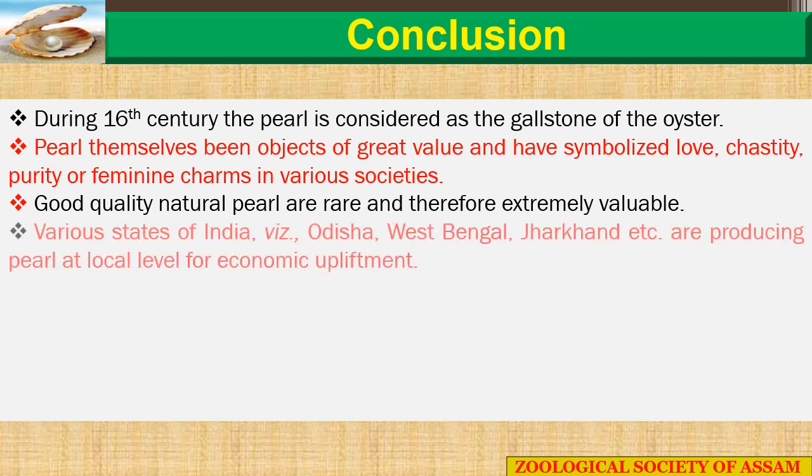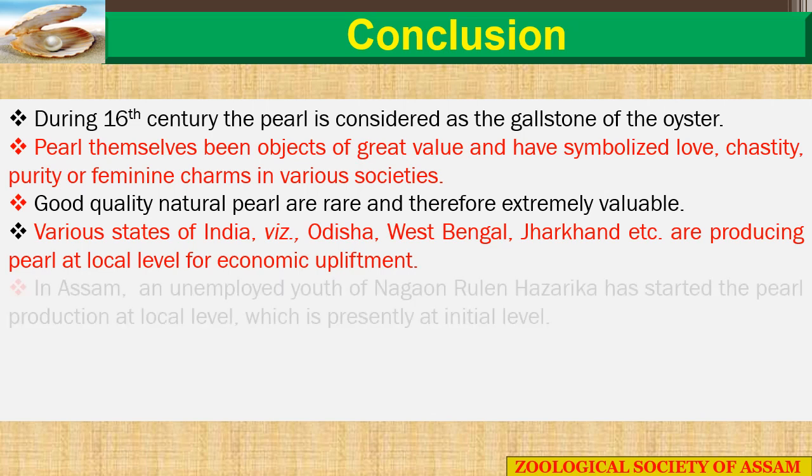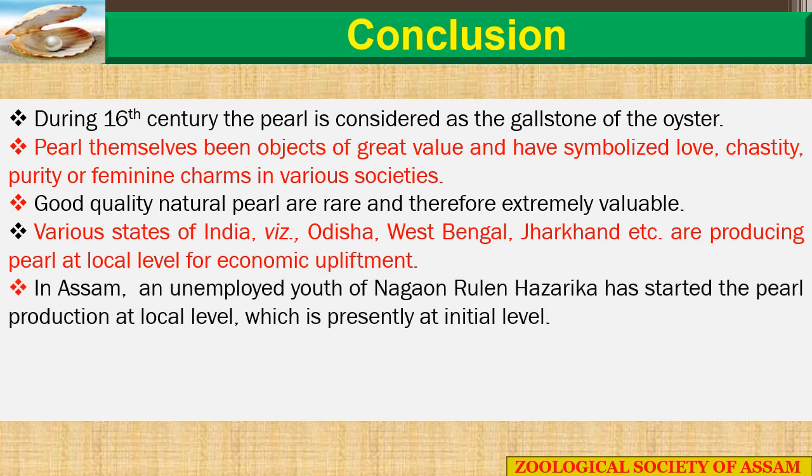Various states of India, viz. Odisha, West Bengal, Jharkhand, etc. are producing pearl at local level for economic upliftment. In Assam, an unemployed youth of Nagaon, Rulen Hazarika, has started pearl production at local level, which is presently at initial level.